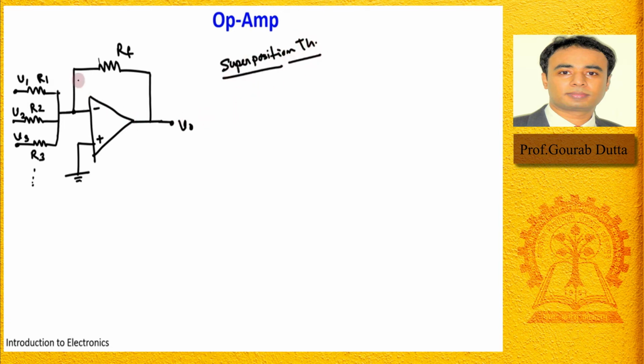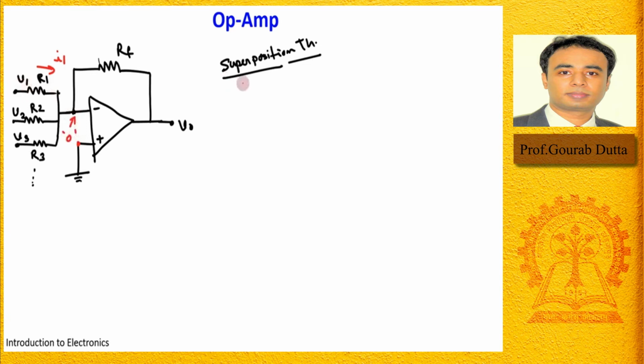Fine. Okay, so in that case tell me what will be the value of this I1 here. Definitely this is grounded, ideal op amp, virtual ground concept. So this is also at zero potential, right?